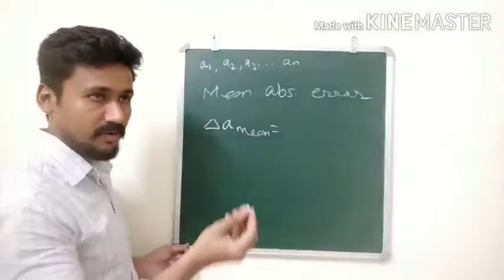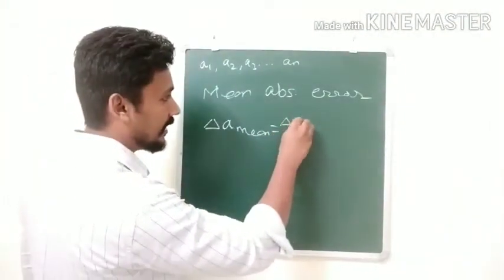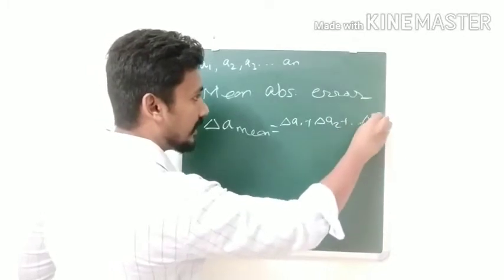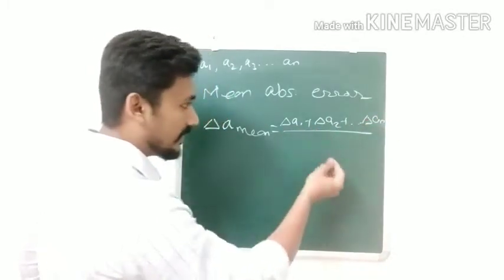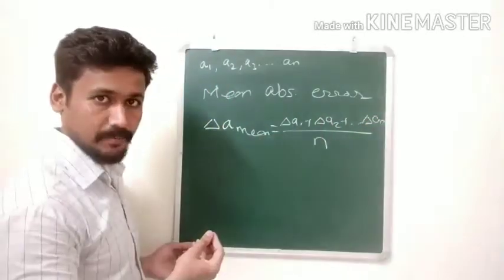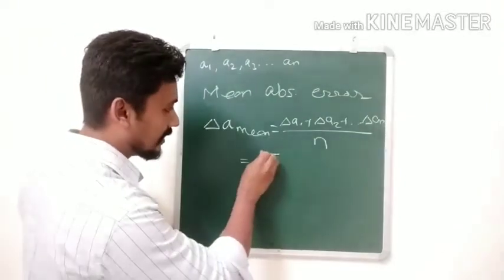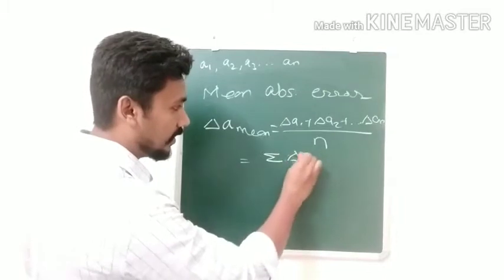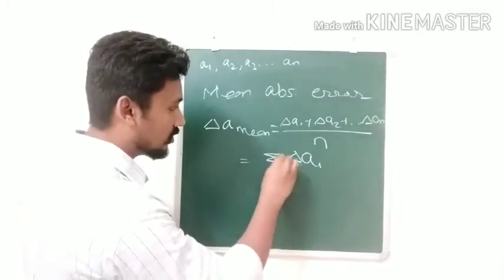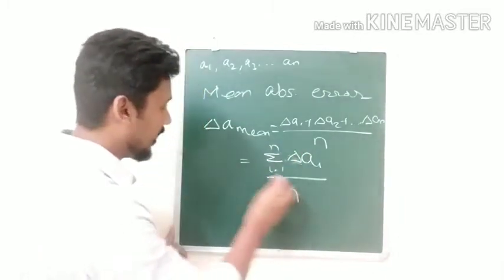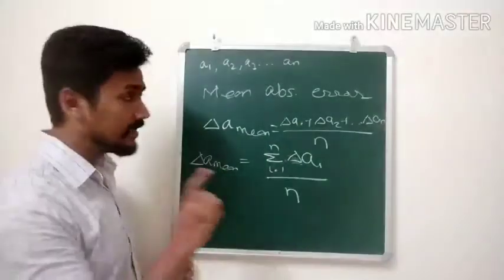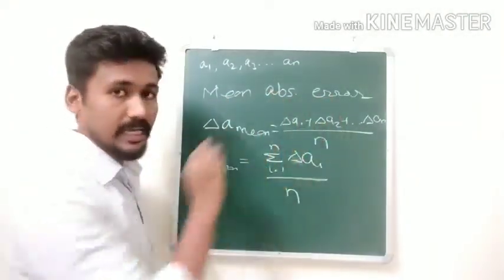Delta A mean, as you would have already guessed, will be delta A1 plus delta A2 plus up to delta AN, divided by the number of readings, which is n. Or we will denote it like this: summation of delta AI, where I goes from 1 to n, divided by n. This is delta A mean, the mean absolute error.